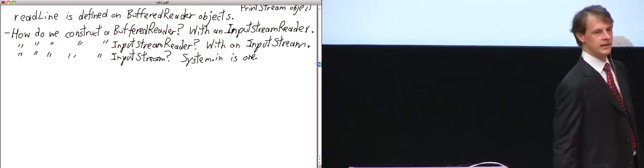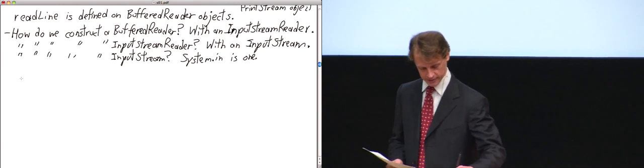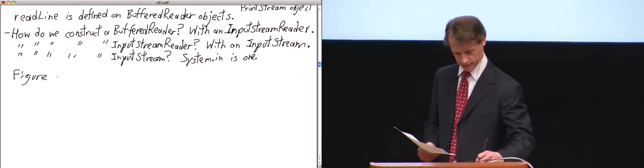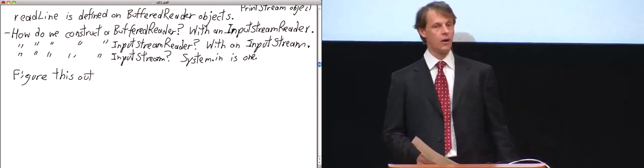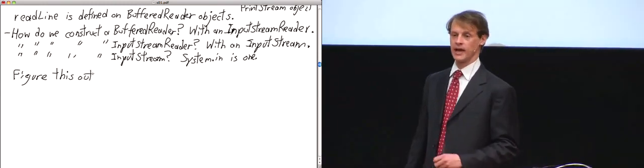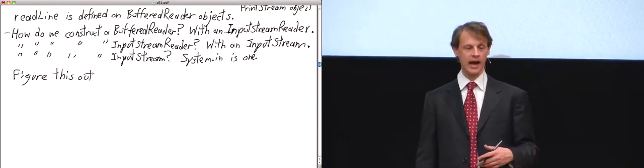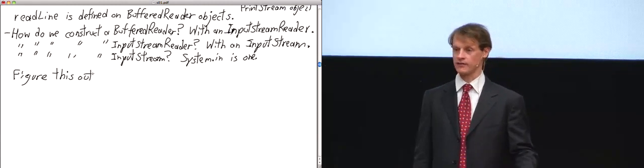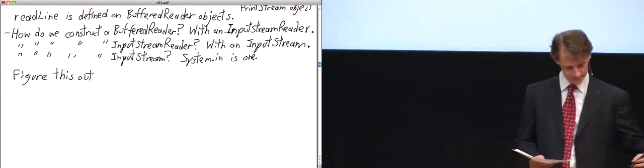And so, again, the question is, how do you figure all this out? Well, the answer is that you go look at the online Java API that tells you all about the standard libraries for Java, and you search for the particular things you want until you find them.